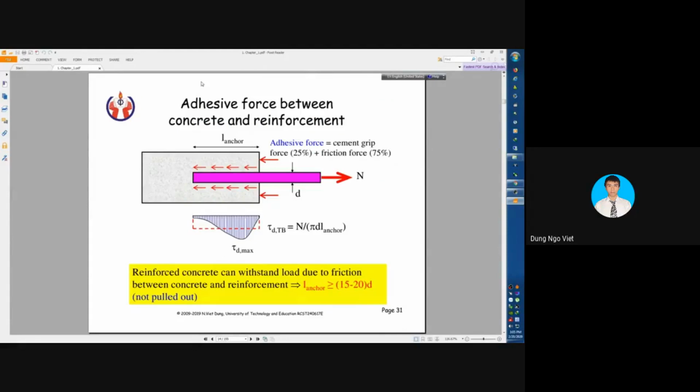So here is the adhesive force between concrete and reinforcement. The adhesive force is equal to the cement grip force, which takes about 25%, plus the friction force, about 75%. And here we have the anchorage length. This is the reinforcement, and this is the concrete.